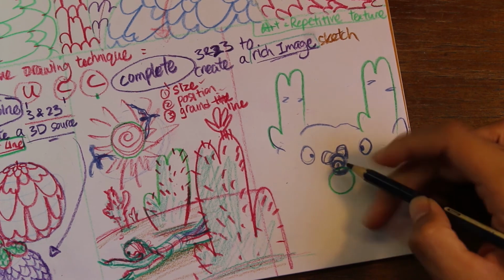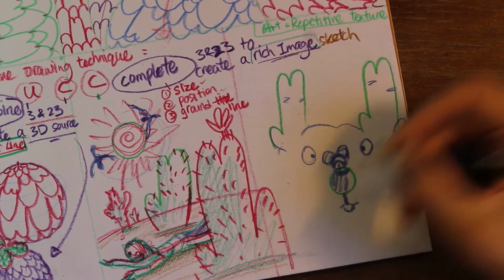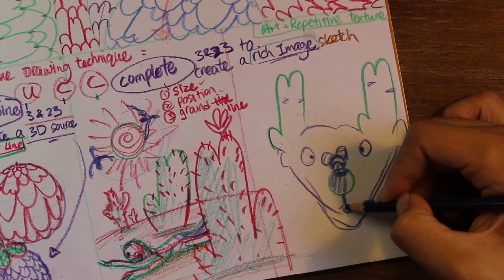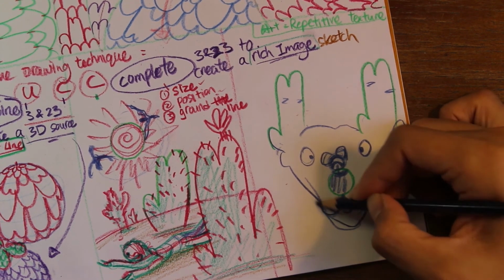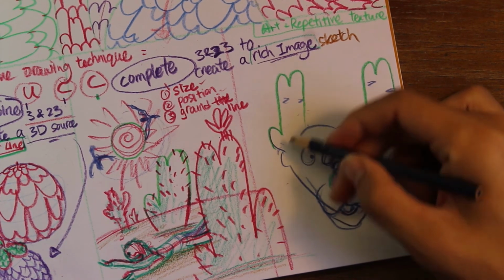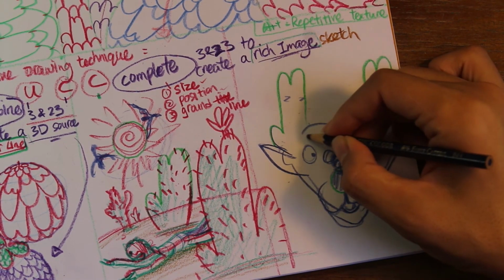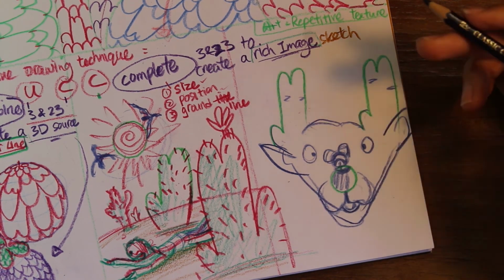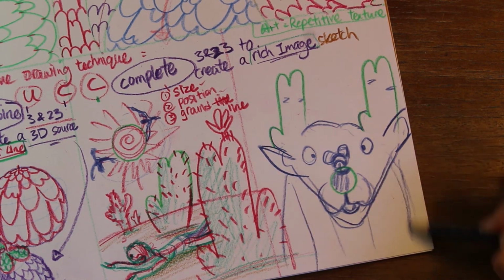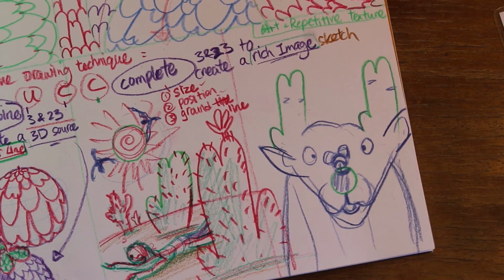A bee in the nose of a reindeer. Yeah. Okay. You can get a bee in the nose of a reindeer. A bee is here. Okay.